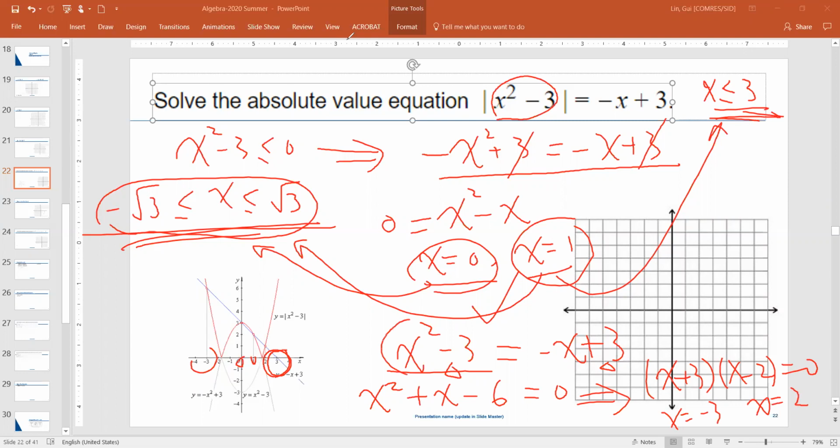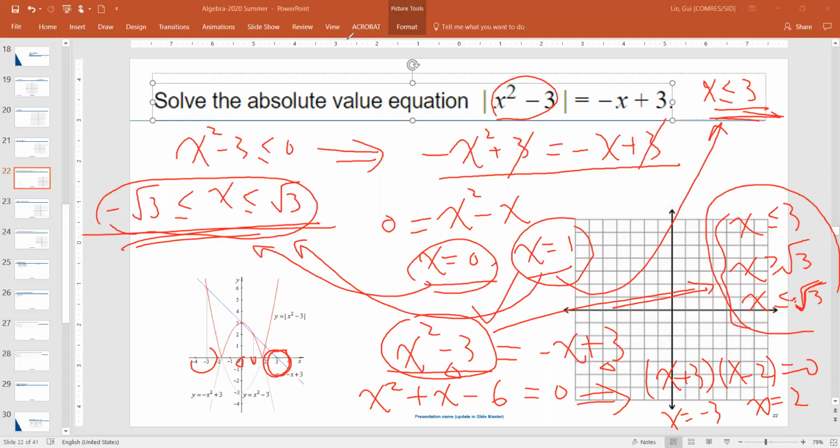So when they make this situation, it means x greater than square root 3 or x less than negative square root 3, and at the same time need to be here. So really complicated cases right now when we're introducing absolute value. So when we're graphing, you can find out there are 4 answers here.